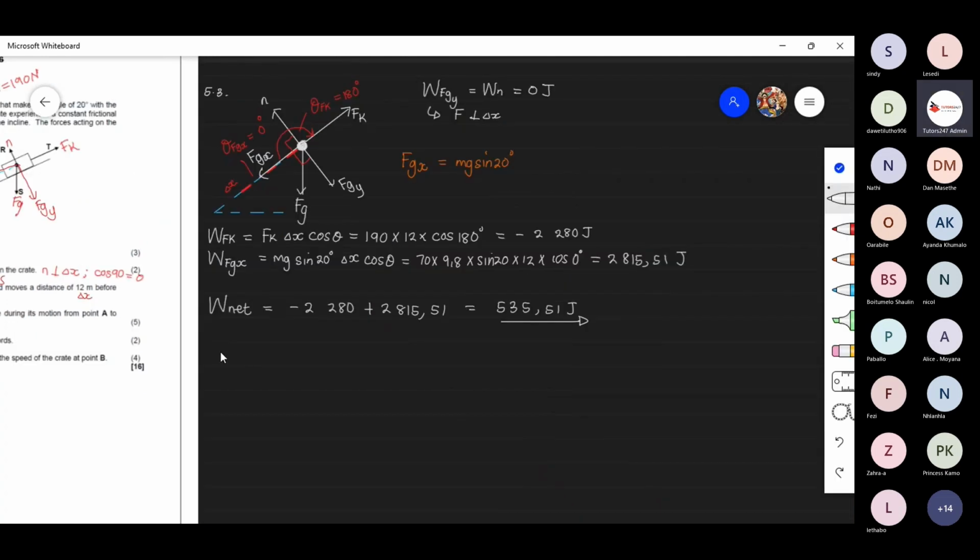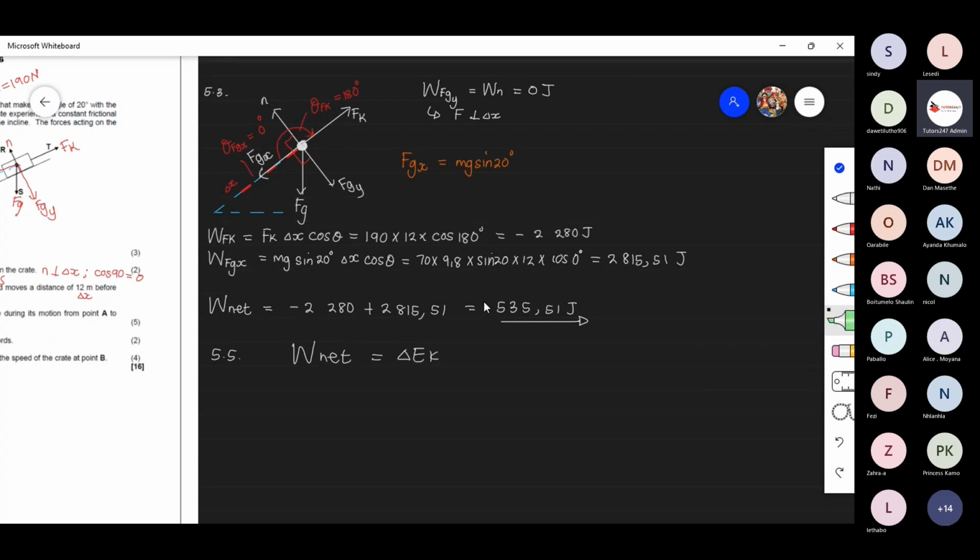Okay, this is question 5.5. We need to calculate the final velocity, or the velocity at point B. So our formula is work net is equal to the change in kinetic energy.